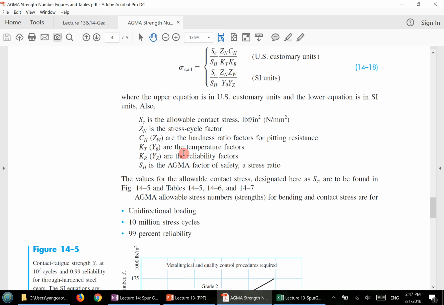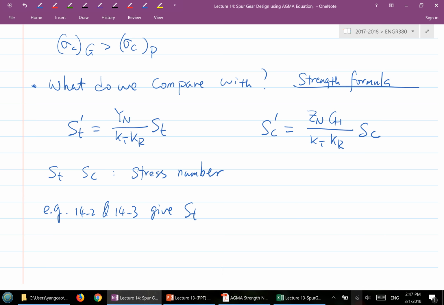If your design has a different number of cycles, like in our examples, other than just 10 to the power 7, or if your reliability is not 0.99, that's where the other parameters come into the picture to modify this for you.